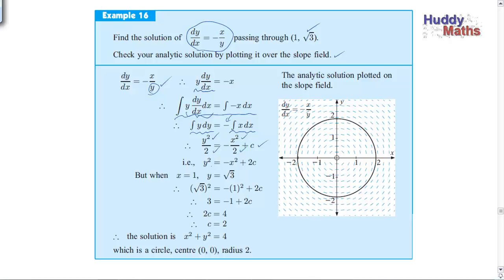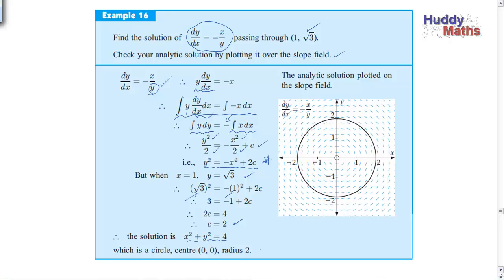So then rearranging, y squared, multiplying both sides by 2, is neg x squared plus 2c. But when x is 1, y is root 3. So putting in y is root 3 there, and x is 1, rearranging, c is 2. So the solution is x squared plus y squared is 4. Or we can say y squared from this line equals neg x squared plus 4, and then getting x squared on the other side.